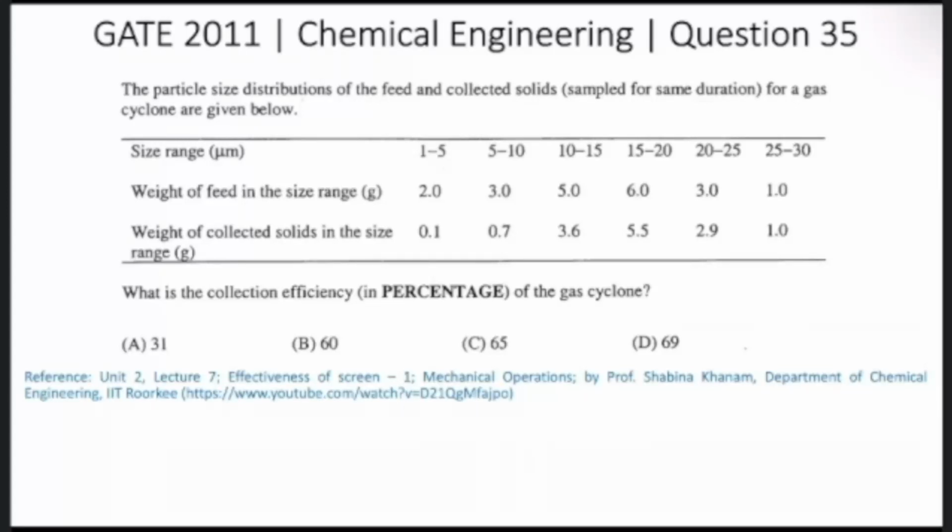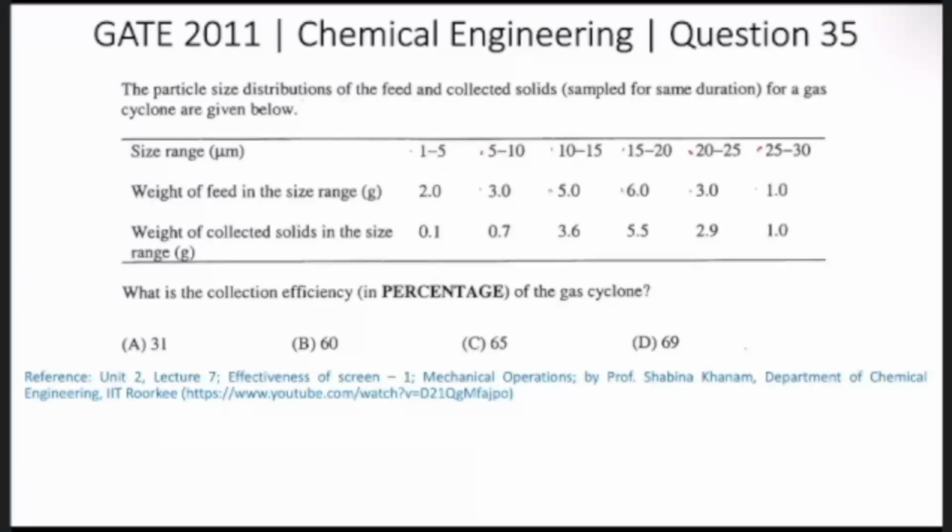So here they have given us 6 different ranges of particles: 1 to 5, 5 to 10, 10 to 15, 15 to 20, 20 to 25 and 25 to 30. They have given us the feed of the particles in these size ranges as 2, 3, 5, 6, 3 and 1 respectively.